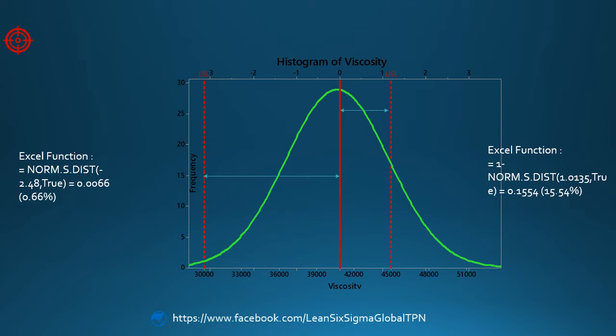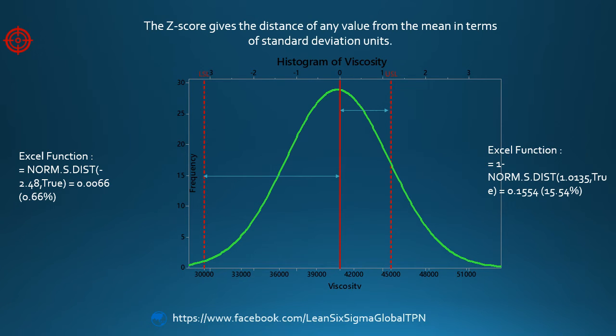We will first calculate the percentage of viscosities out of specification using z-scores. Recall from chapter 2 that a z-score is the distance of any value from the mean in terms of standard deviation units. To illustrate, let's calculate the percentage beyond the upper specification limit.